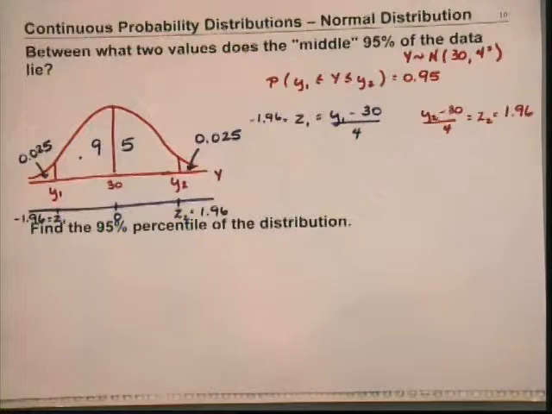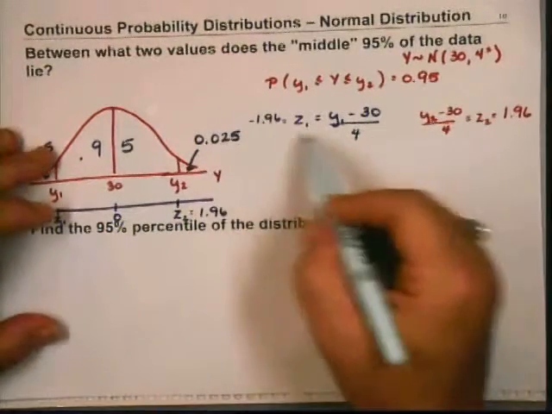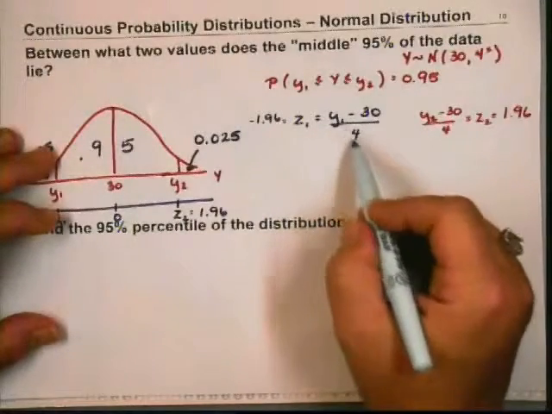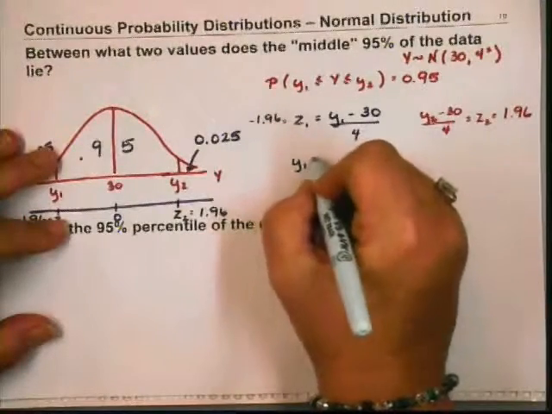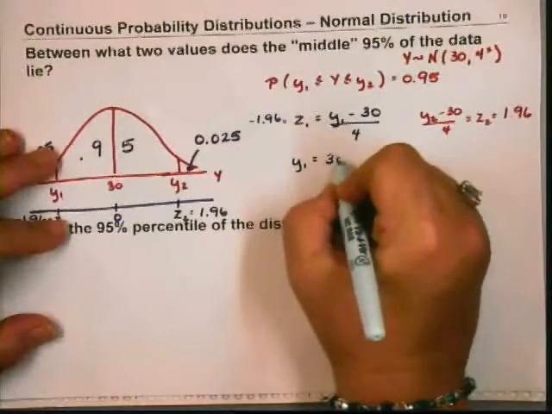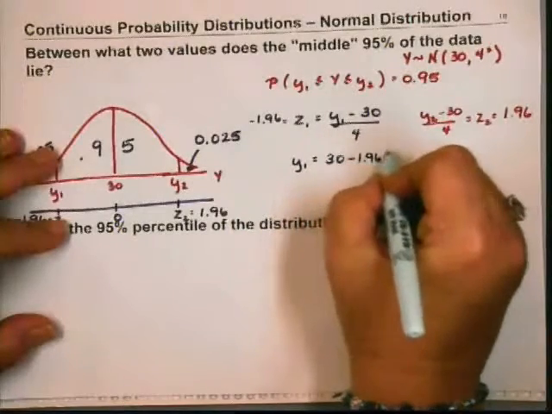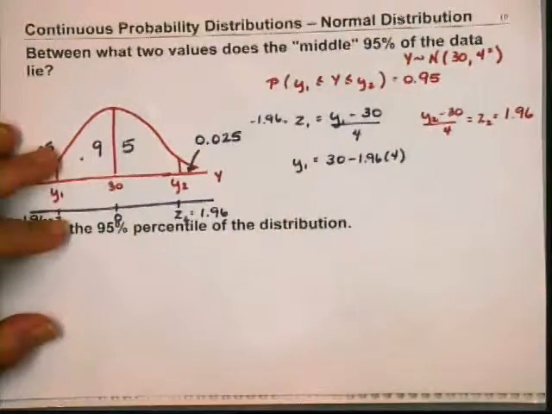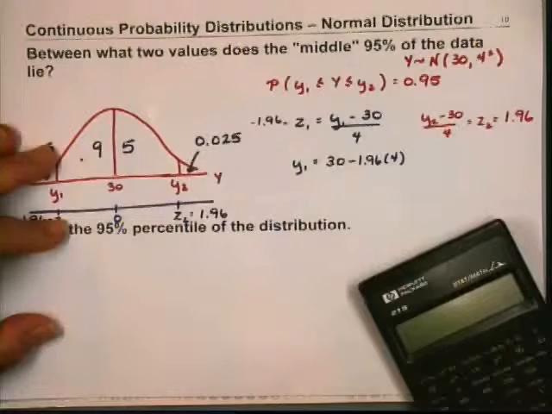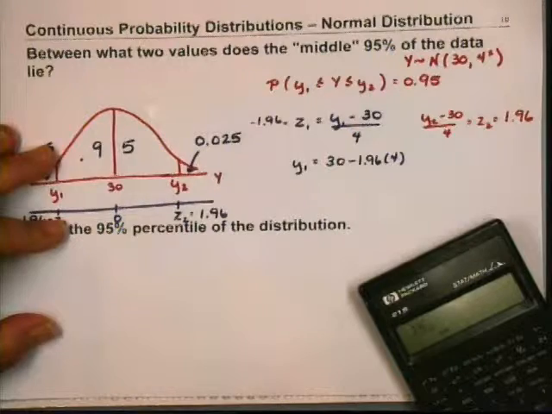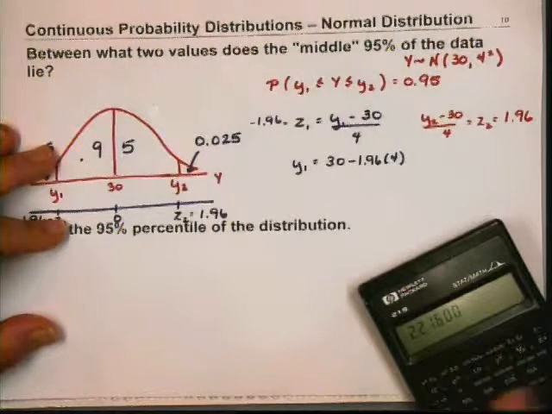All right, so over here on the left in purple, negative 1.96 equals y1 minus 30 over 4. We would end up with y1 equals 30 minus 1.96 times 4. That negative sign here is why we're subtracting. I have positive 22.16, a value smaller than 30.